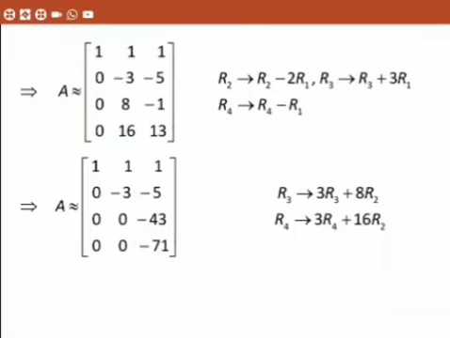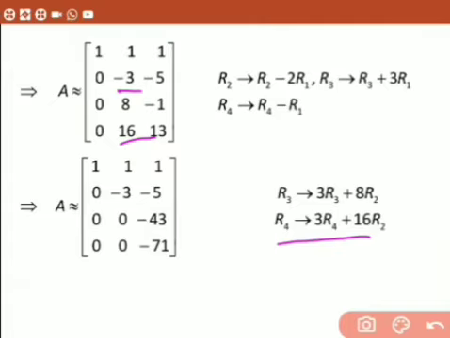And to make this 16 equal to 0, we use the second row, where we have minus 3: multiplying R4 by 3 and adding 16 times R2, the terms cancel. So R4 changes to 3R4 plus 16 R2.